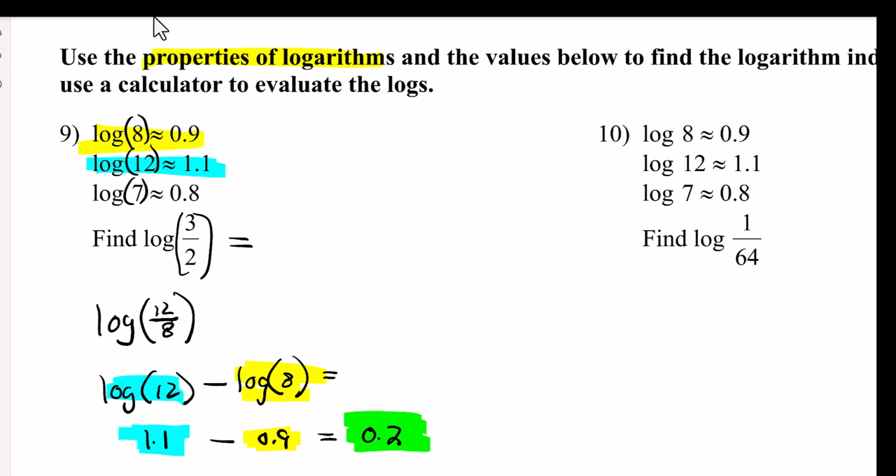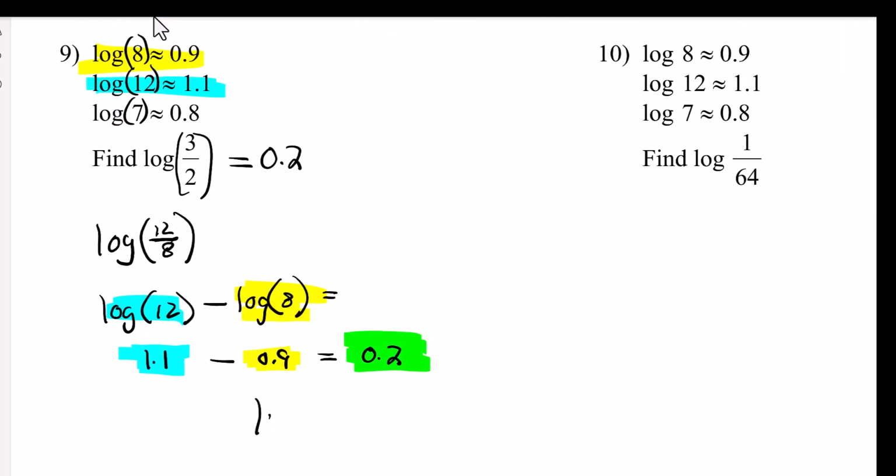So right here we can say log 3 divided by 2 is 0.2. Or we could go ahead and rewrite it there, but there's no reason to do that. Okay, we're going to go to the next one.